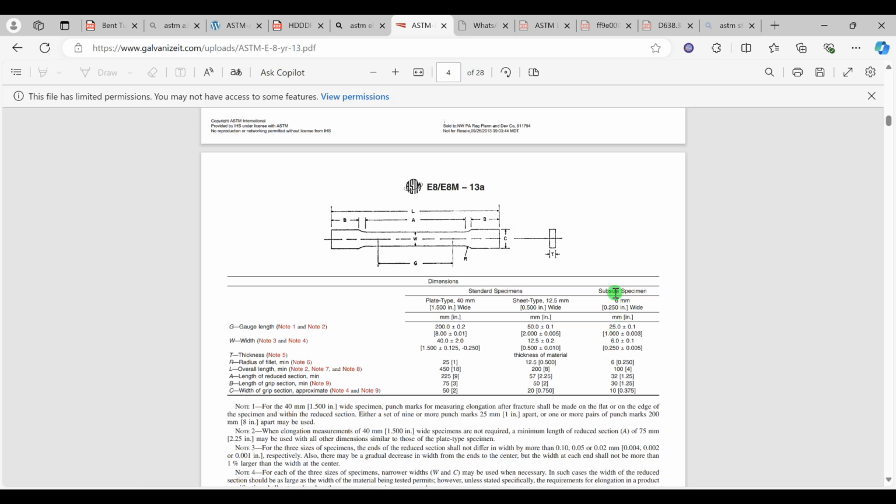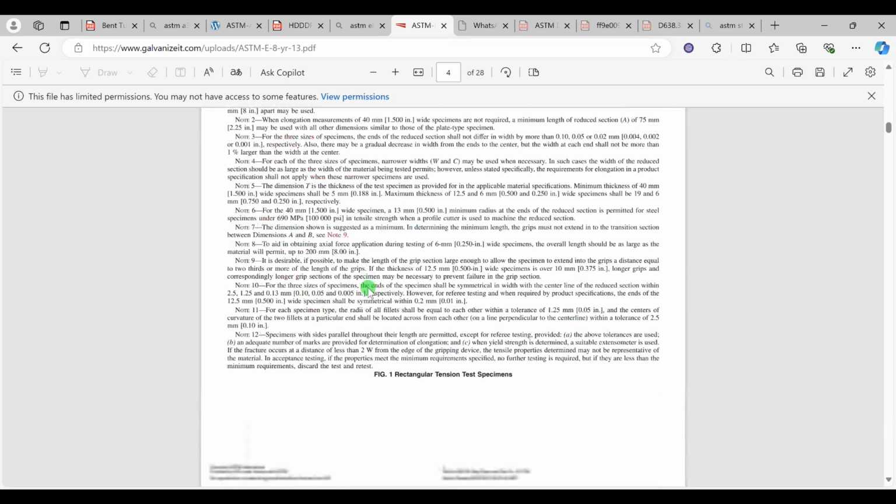So I used a sub size specimen, and you can find the gauge length, dimension, width, and thickness, and all the dimensions that you need for designing this specimen.